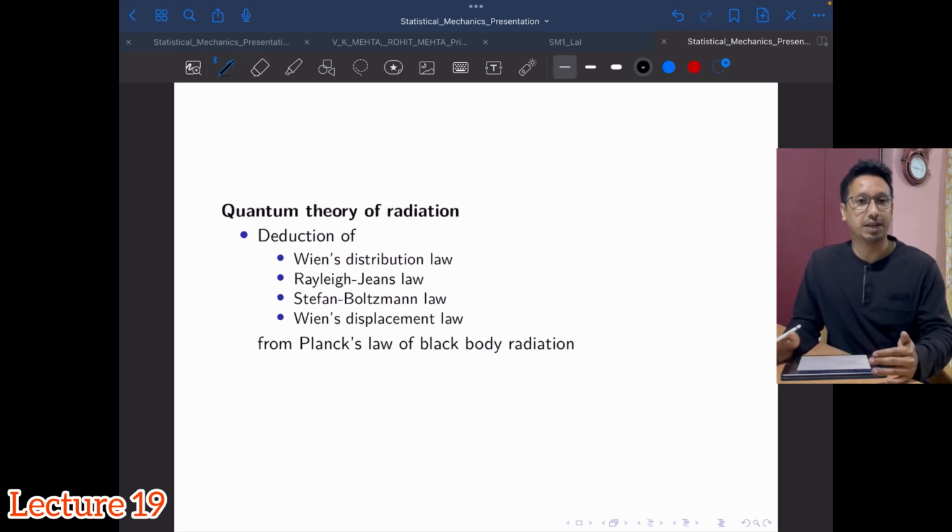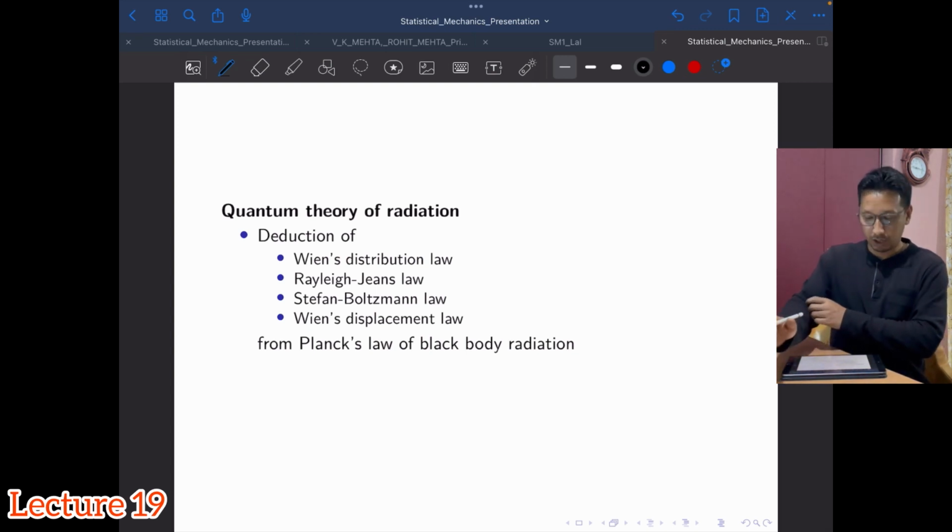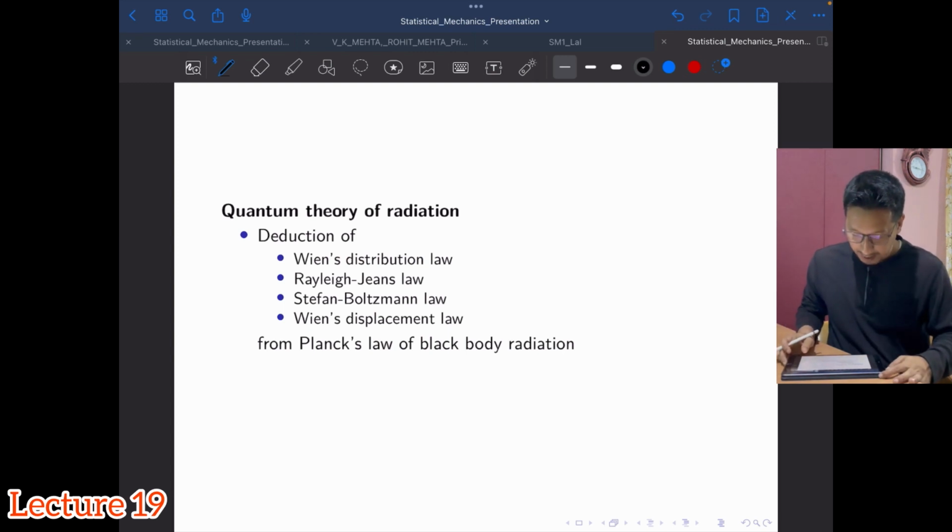So we will see that these two laws are the two extreme cases of Planck's radiation law. Okay, so let us start.